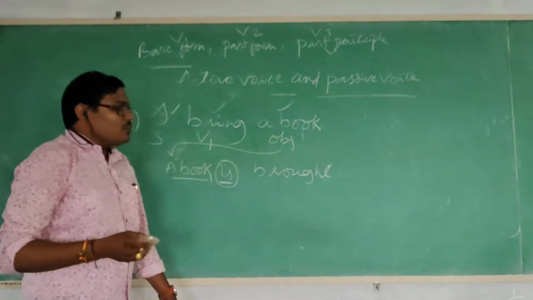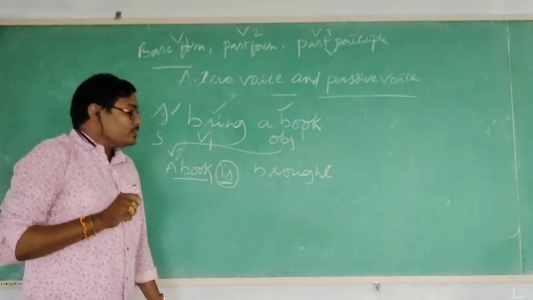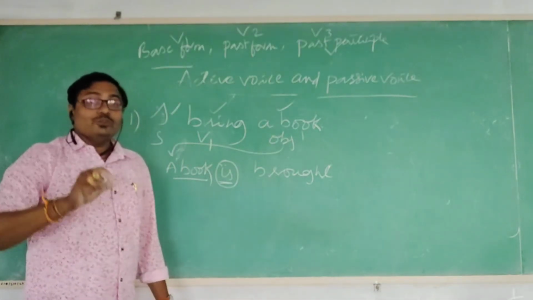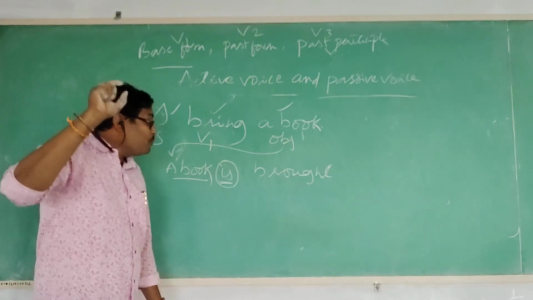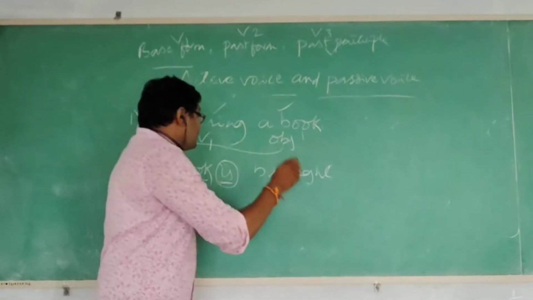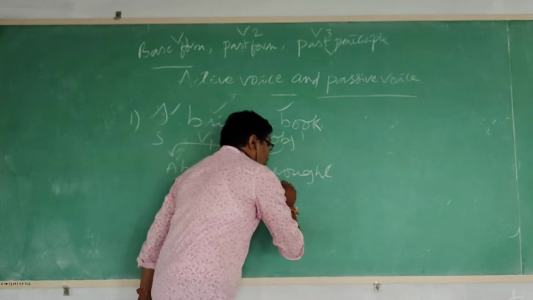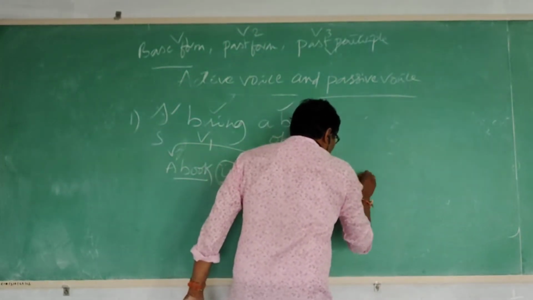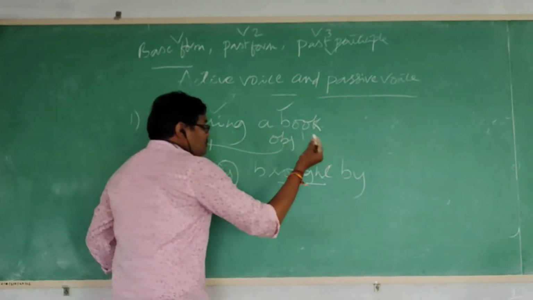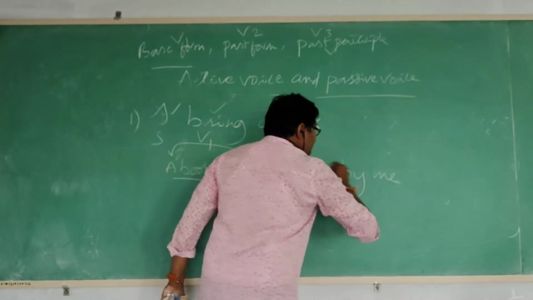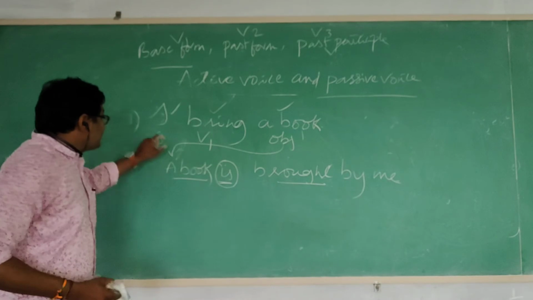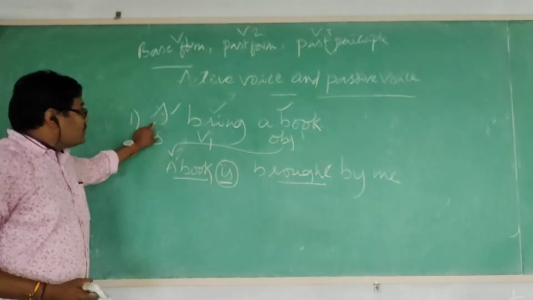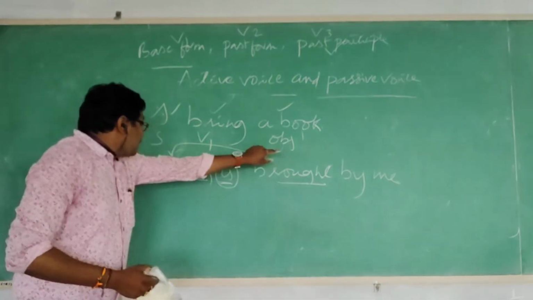What is the fifth rule here? Fifth rule is that we have to use the preposition by and it should follow this past participle. So we have to use by. Here I became me. See here, my students, we can say that I became me, right?